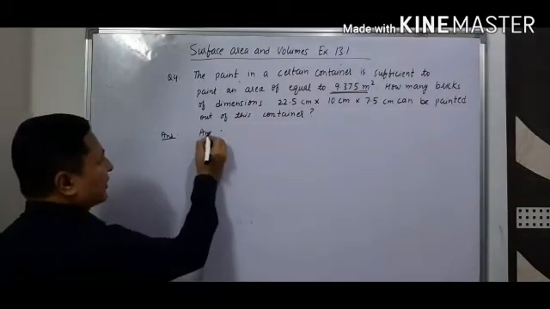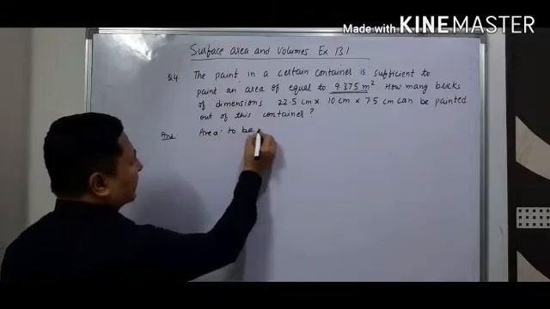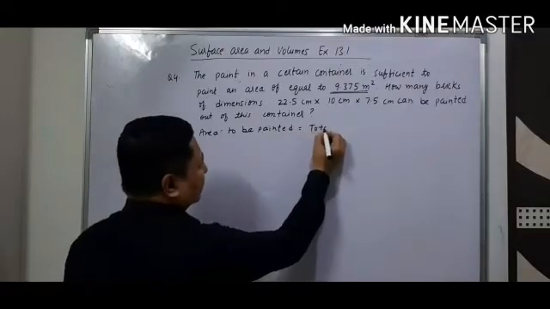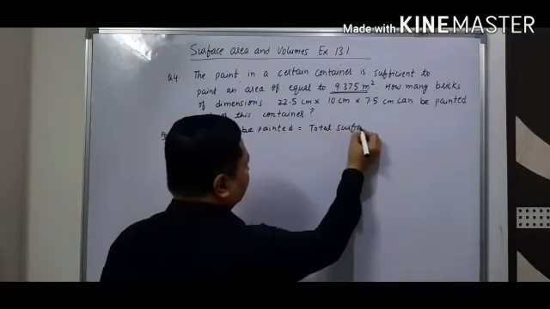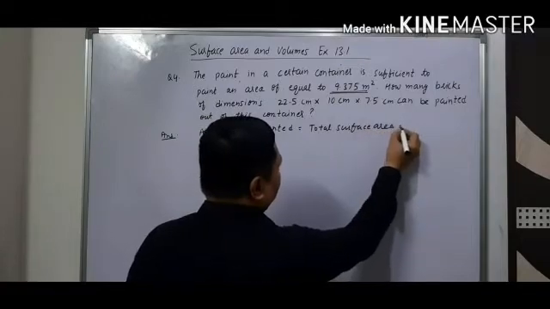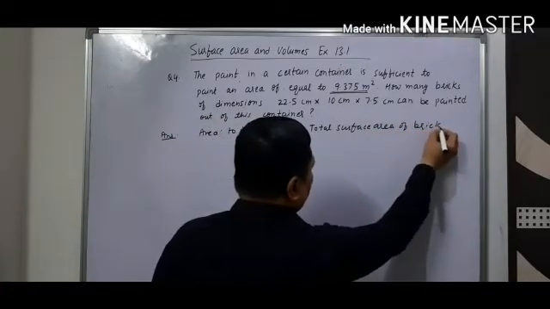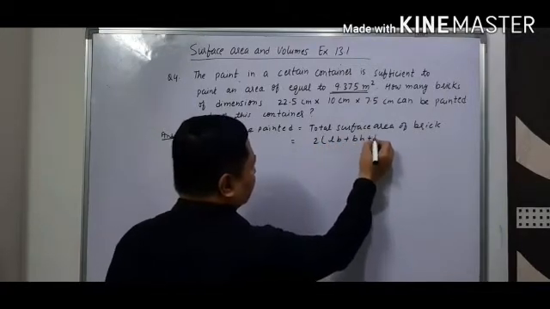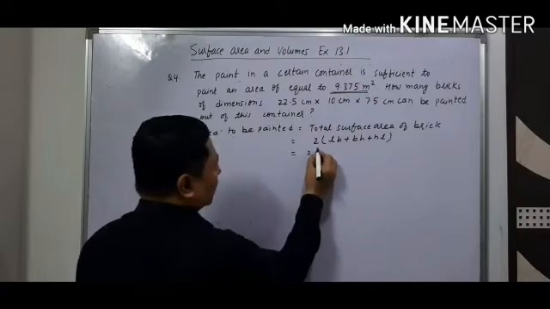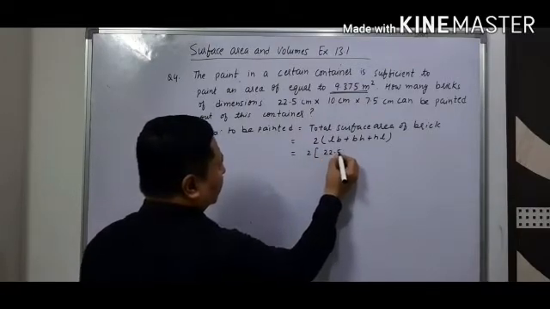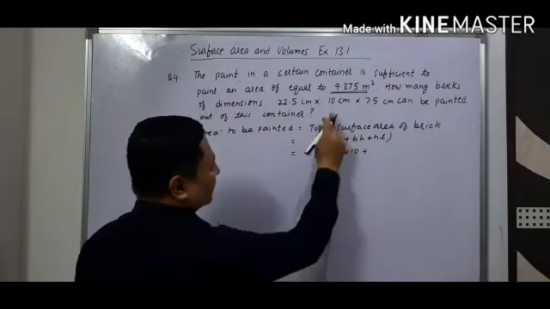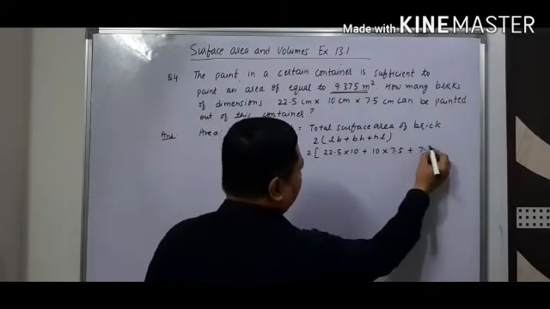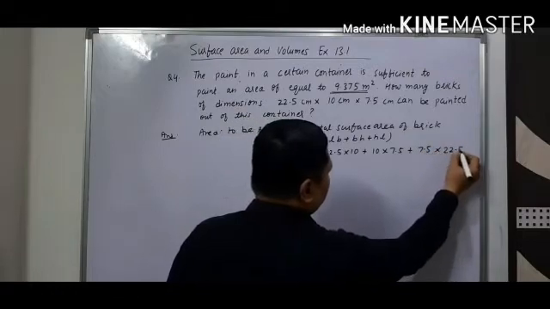So the area to be painted is the total surface area of the brick, and that is equal to, the formula is 2(LB plus BH plus HL). That is 2 into (22.5 into 10, where 10 is the breadth, then 10 into 7.5, and 7.5 into 22.5).